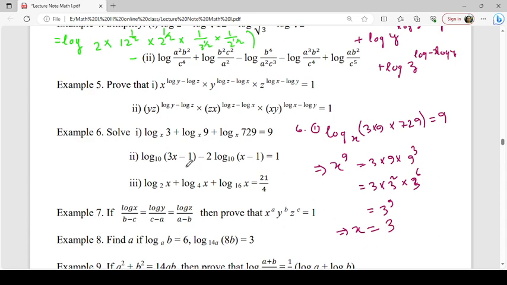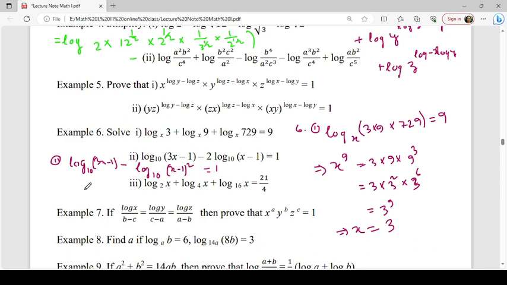So in this way we can do it. Number 2: log of 3x minus 1 to the base 10, and minus log of x minus 1 whole square, taking the minus 2 as power, is equal to 1.